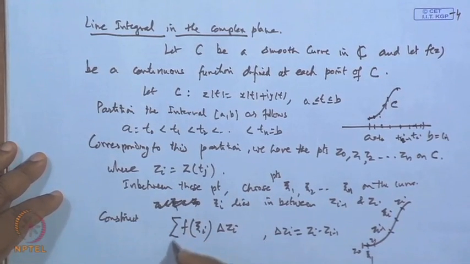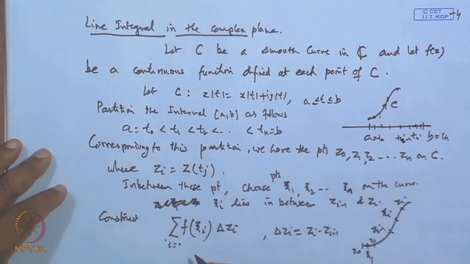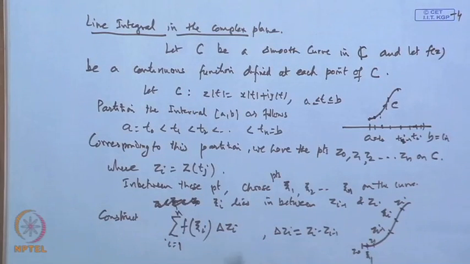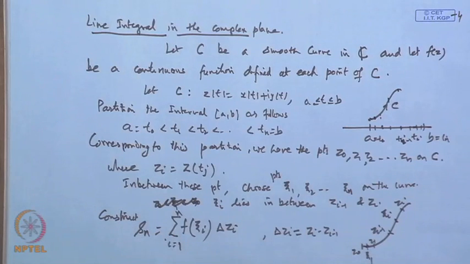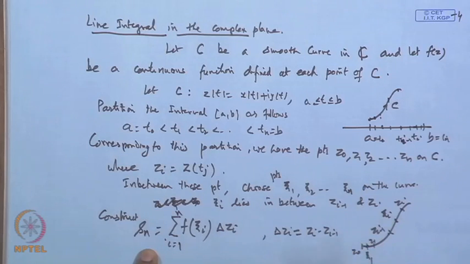Then take the summation as i varies from 1 to n. Let this be denoted by Sₙ. Once you have this partition, you get this sum. Now, change the partition, you take another sum and so on.